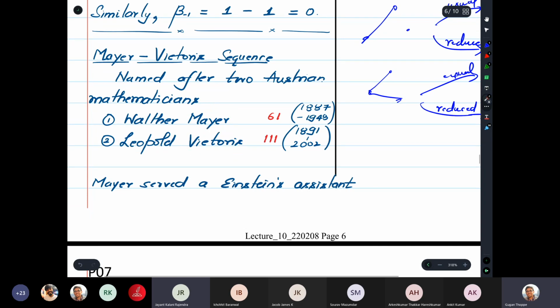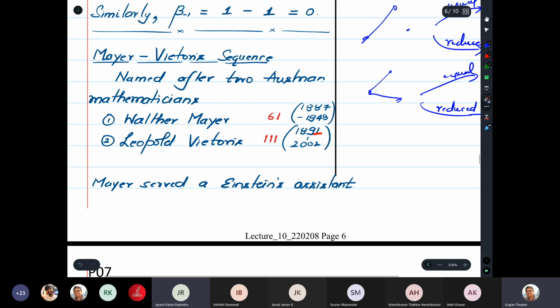So I was looking up their names on Wikipedia, and I noticed some surprising things. These two actually worked together. Mayer was born in the year 1887 and Vietoris was born in the year 1891, so they were born roughly around the same time. But Mayer passed away in 1948 around the age of 61, whereas Vietoris passed away very recently.